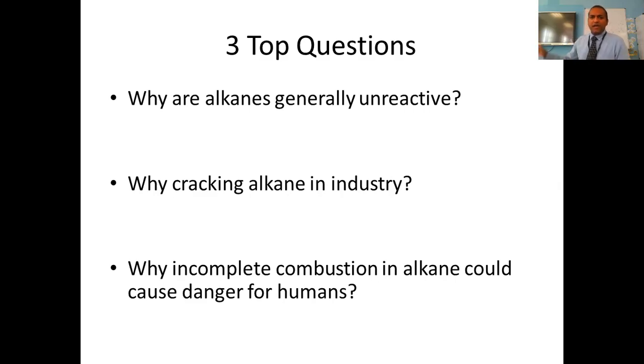Number 2, why do we do cracking of alkanes in industry? And the last one, why could incomplete combustion of alkanes cause danger for humans? Try to think why incomplete combustion can cause danger for humans.